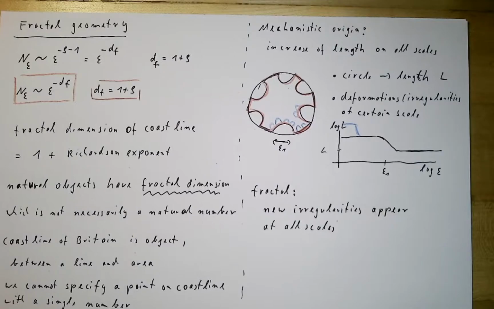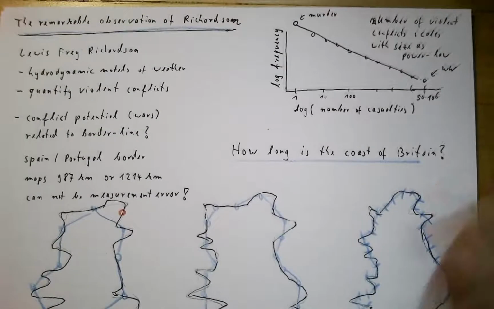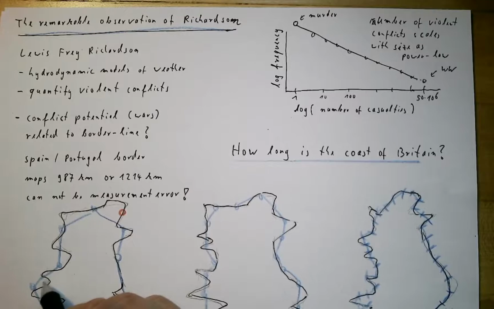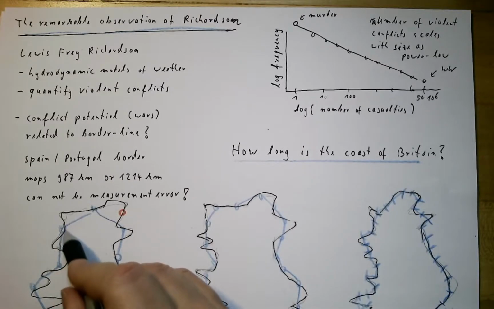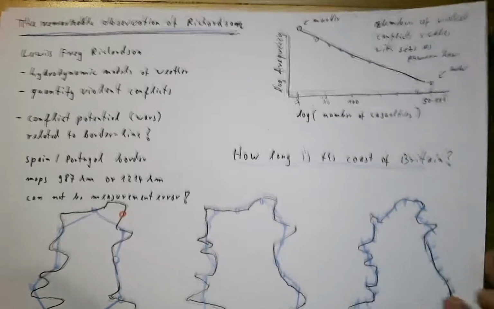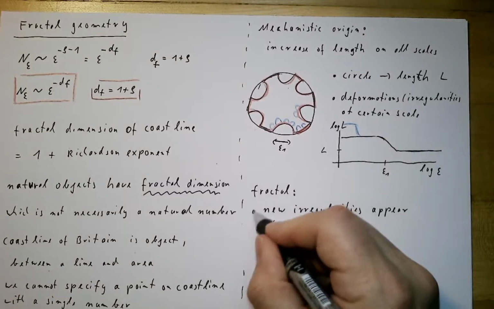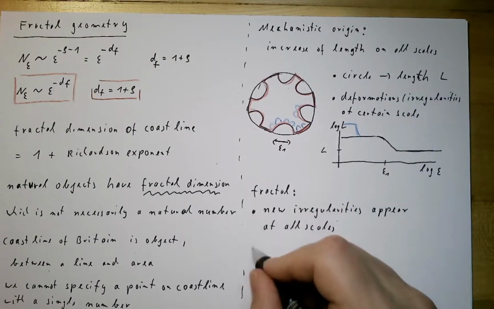So meaning, if we look again at our coastline, then the coastline will have some very big irregularities, big bays. And when we zoom in, it has some smaller irregularities. And when we zoom in more, it has some smaller irregularities. And it can never stop. Yeah? So the better we look at the system, we always identify new irregularities. And these lead to an increase in the length. So new irregularities appear in all scales.